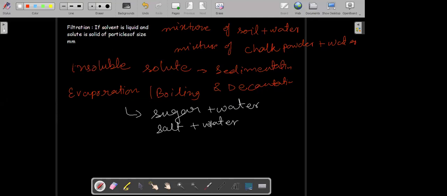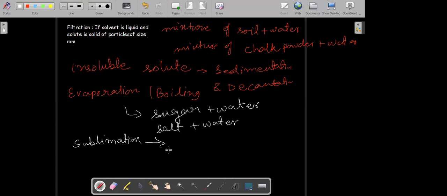Okay, there is still one more process which we call sublimation. Can anyone tell what is the sublimation process? Sir, when solid directly gets converted into gaseous state on heating.